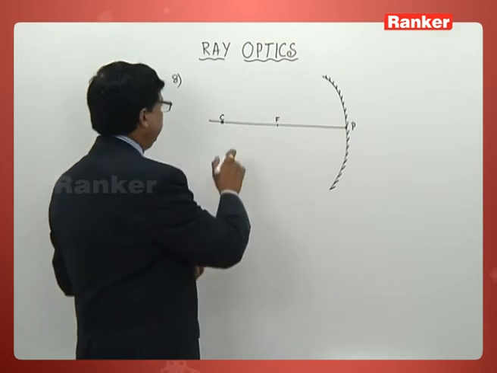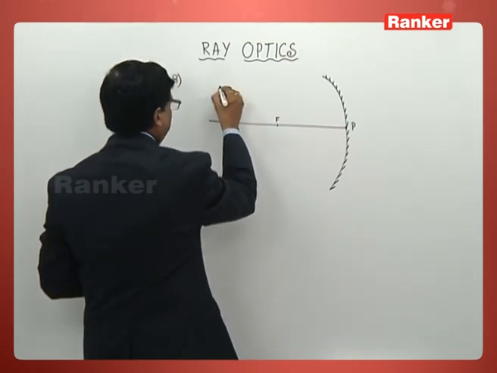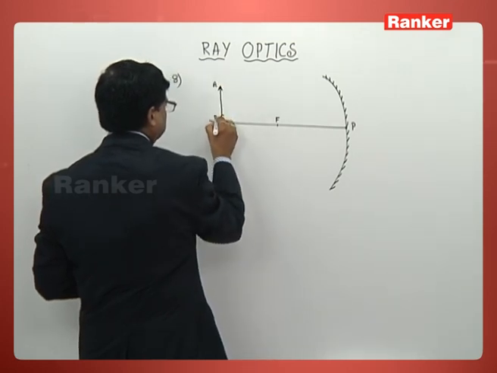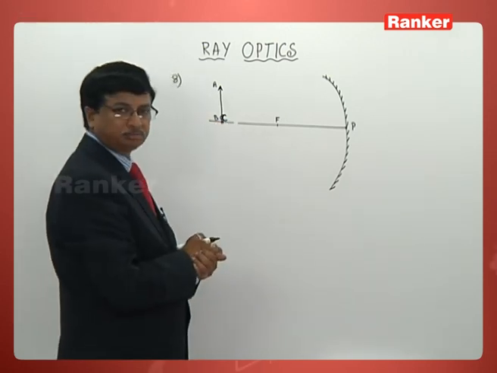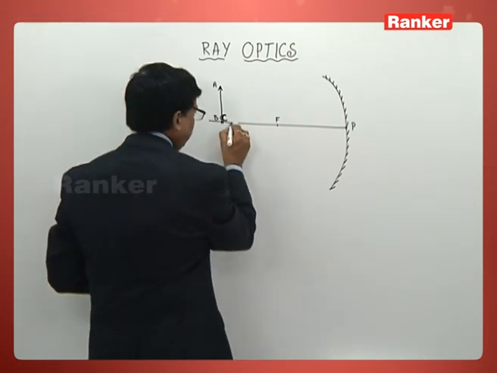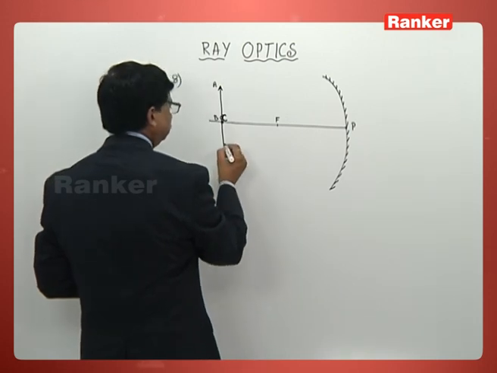Now his question is, an object is now placed at the center of curvature. This I take it as AB, and this is the point called center of curvature. Where do you find its image now? Image will also be formed at the same point, right?